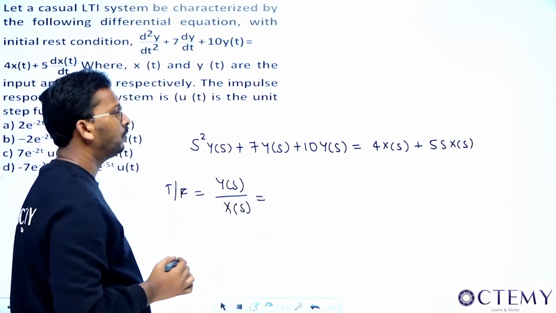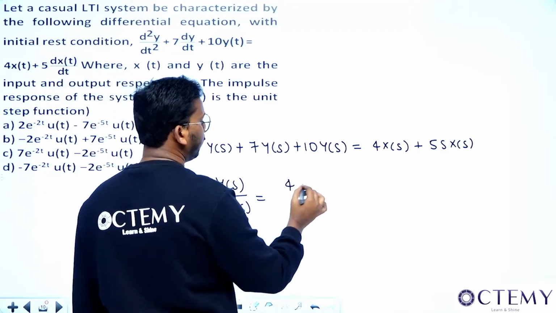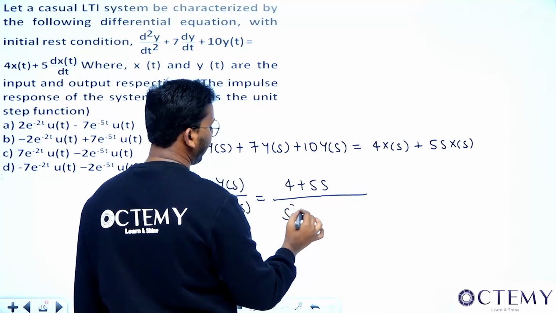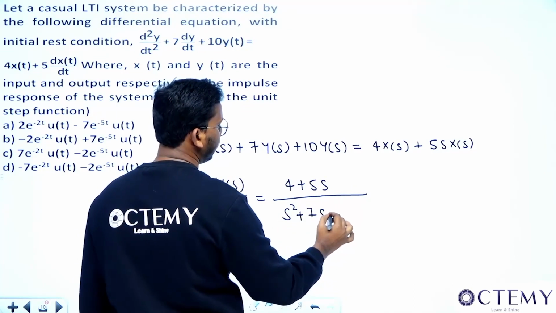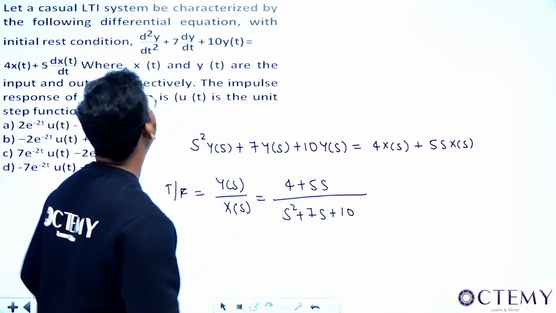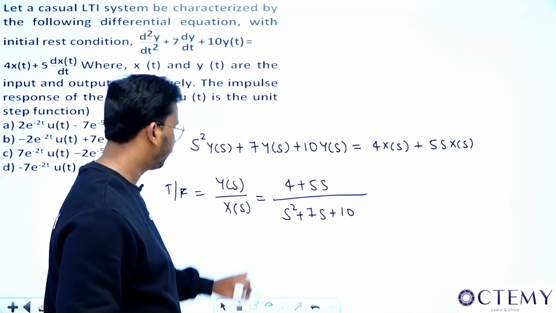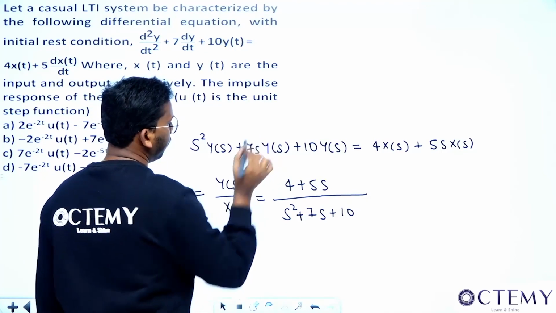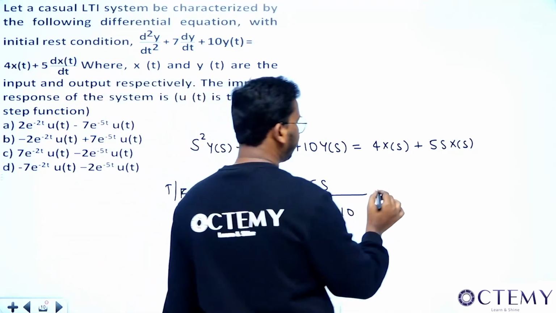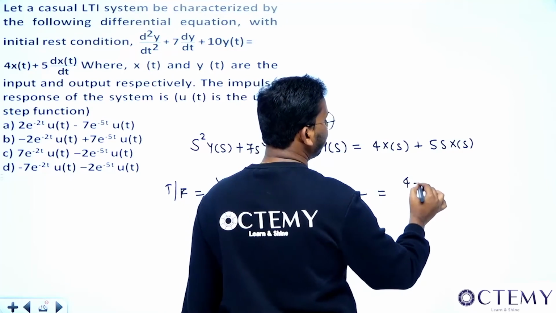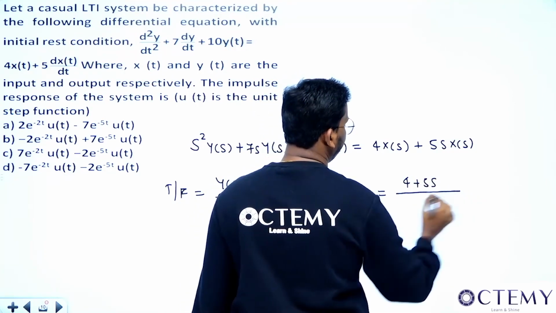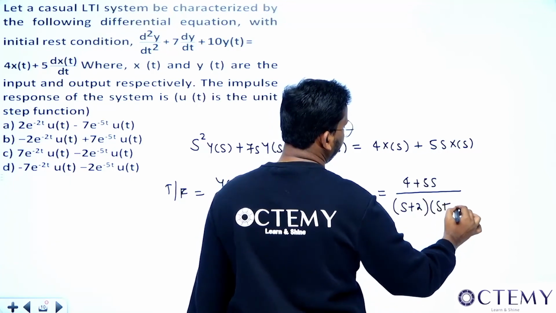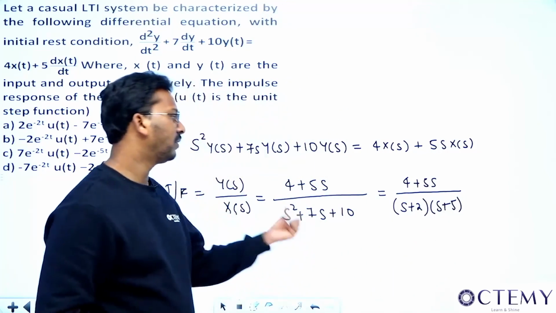That will be equal to (4+5s) divided by (s²+7s+10). Right? This is 7s here, sir. So you can write it as (4+5s) divided by (s+2)(s+5), because (s+2)(s+5) is s²+7s+10.